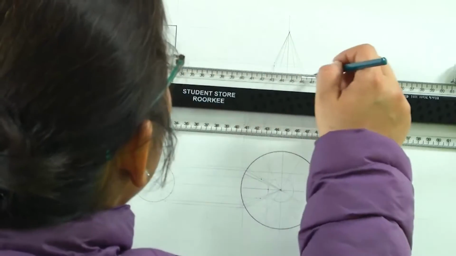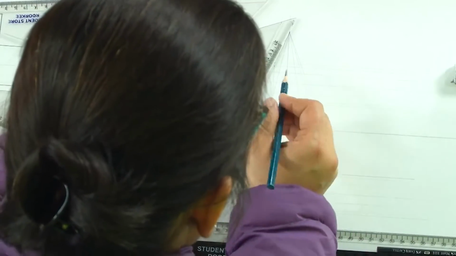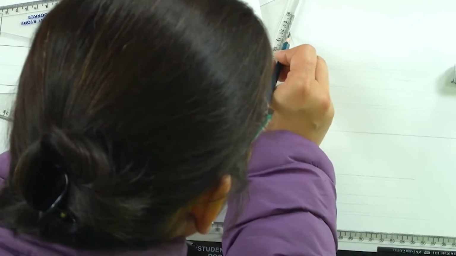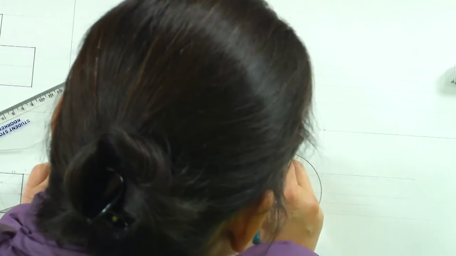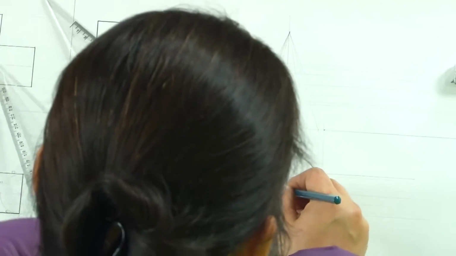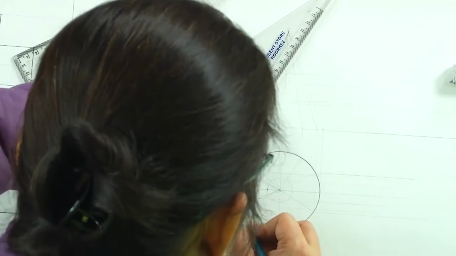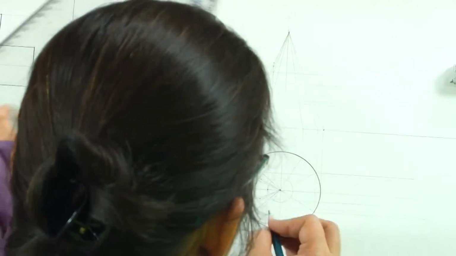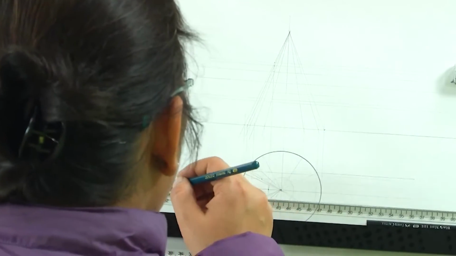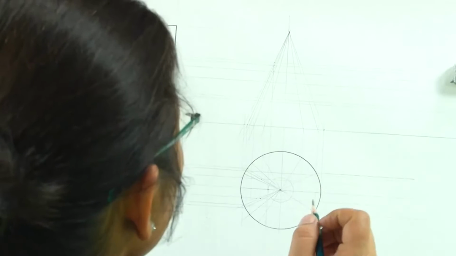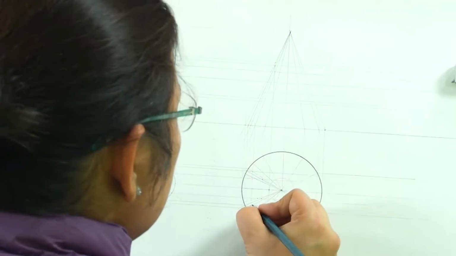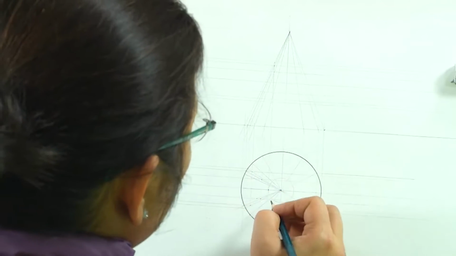Further, we repeat the same process, we get the horizontal and then we join it with the generator wherever it intersects, bring it back, connect the generator, and horizontally when you join these, so we get another 2 points.